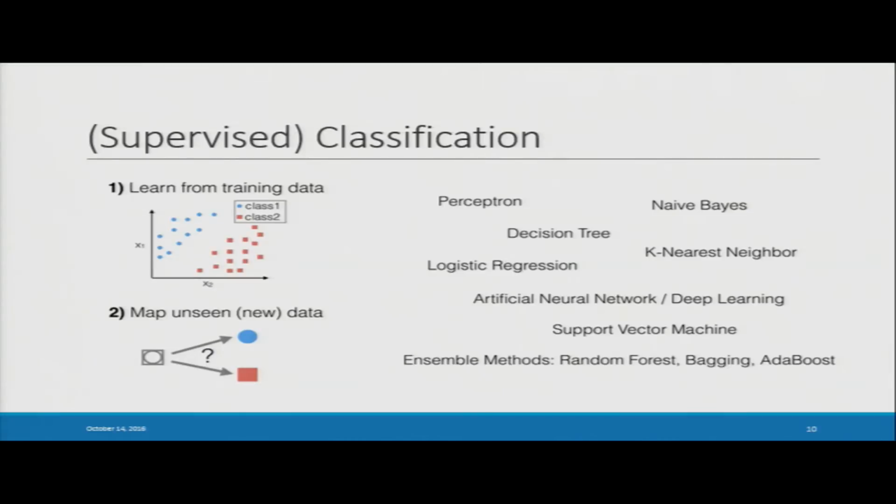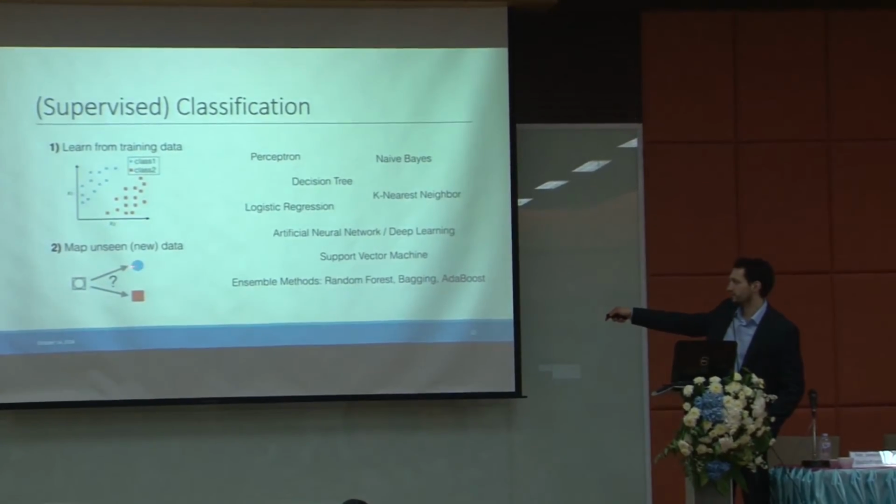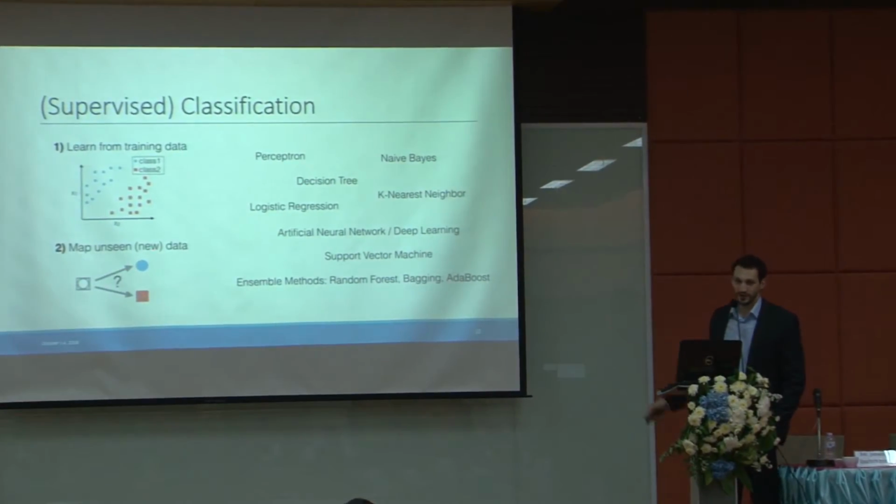This is the data that you have, on this plane here, and it's either class 1 or class 2. Based on this data, you learn some function. Then when you have new data, you use the function you learned to predict if this new data point is either blue or red. Make sense? This is just some of the names of the algorithms that do this, and I'm happy to talk about these in more detail later on.